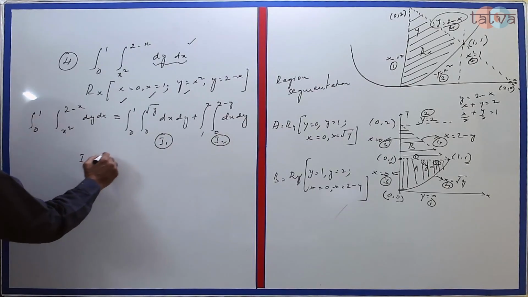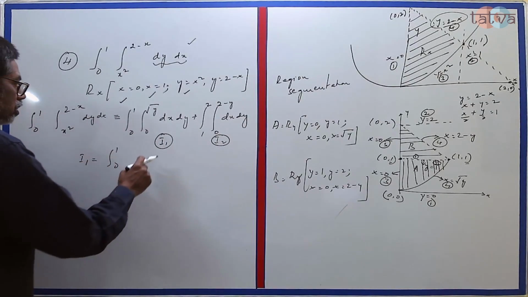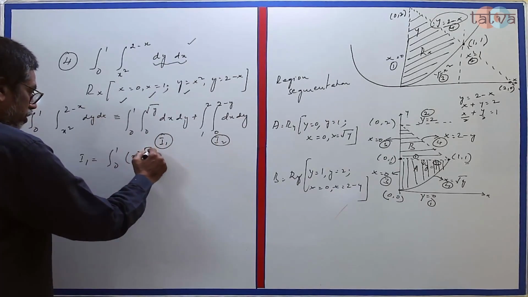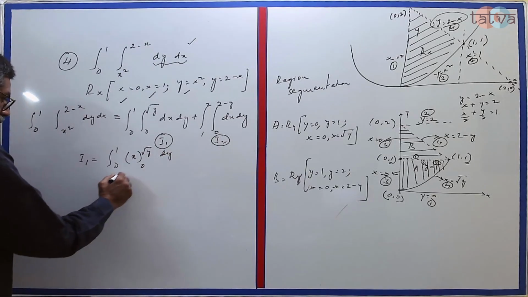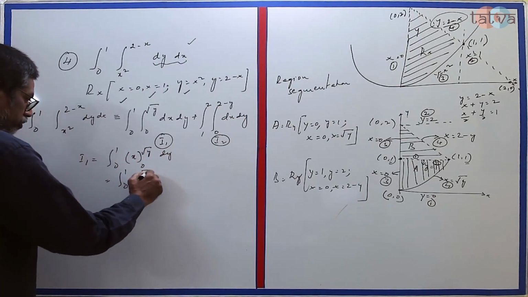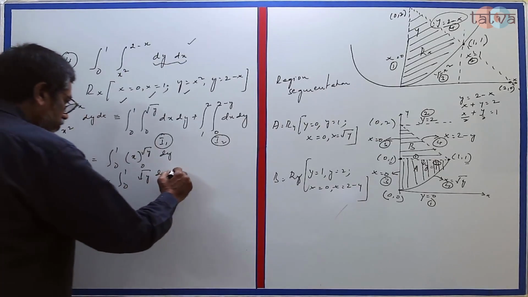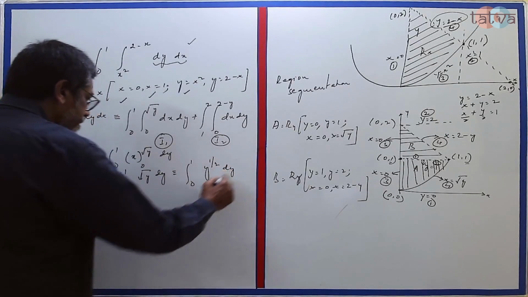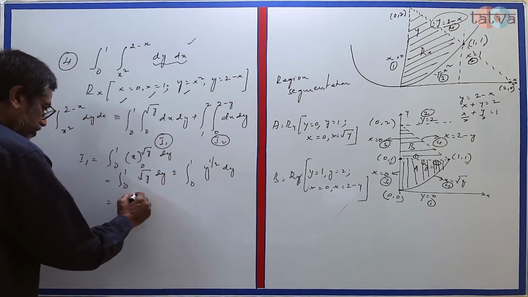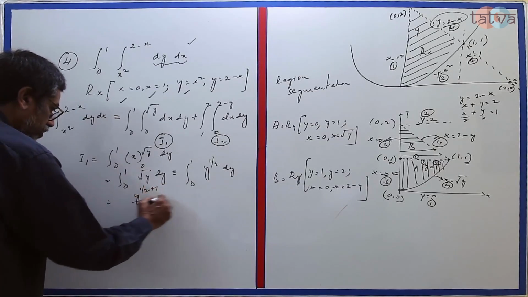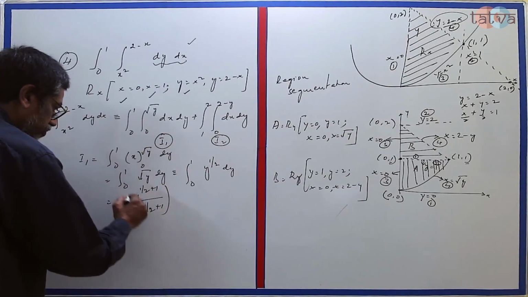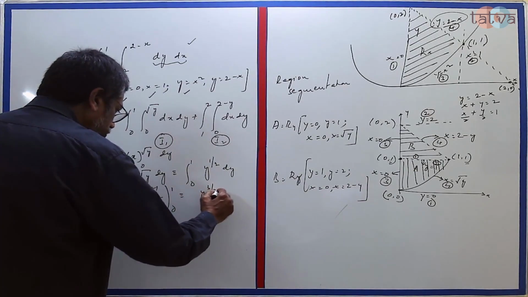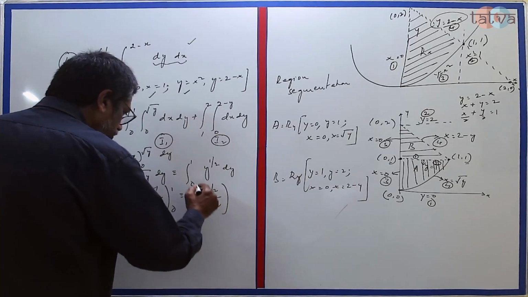The evaluation of I1 will be 0 to 1. The integration of dx is x. Apply the limits 0 to square root of y, dy. So you get square root of y times dy, which is the same as 0 to 1 y raised to half dy. Integrate that function, you get y power half plus 1 by half plus 1 from 0 to 1. So this would be y raised to 3 by 2 by 3 by 2 from 0 to 1.